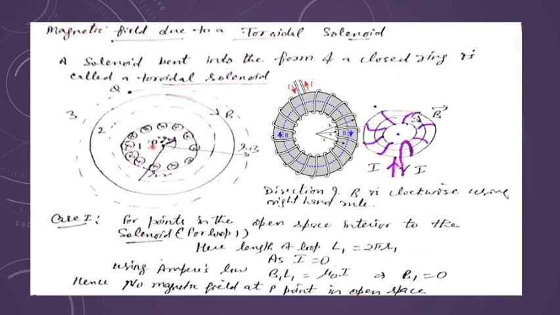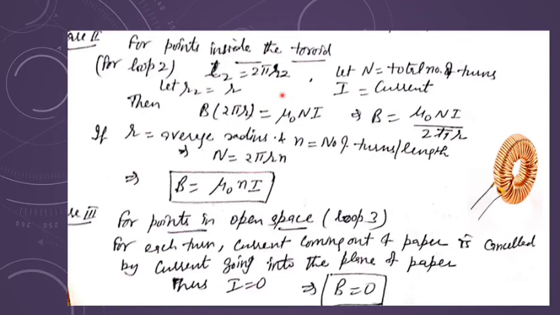Now for the second case, if you want to find the field at R2, then you again use Ampere's circuital law. For the second loop, if the distance is R2 or we call it r, then we can write B into the integral of dl, which comes out to be the circumference 2 pi r, which is equal to mu naught Ni. N is, of course, the total number of turns, and I is the current.